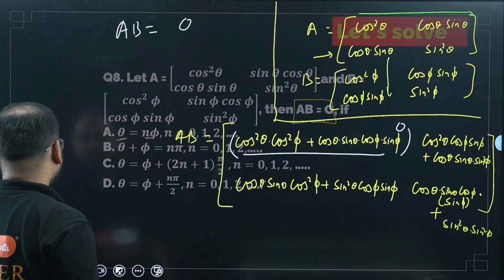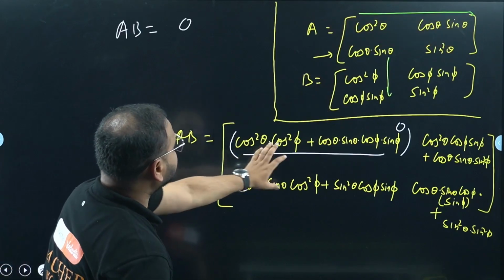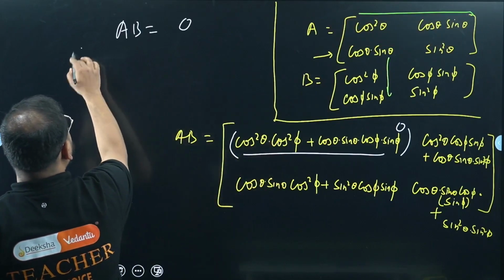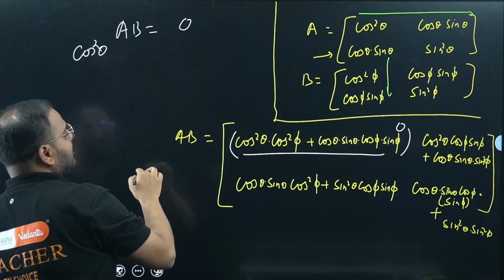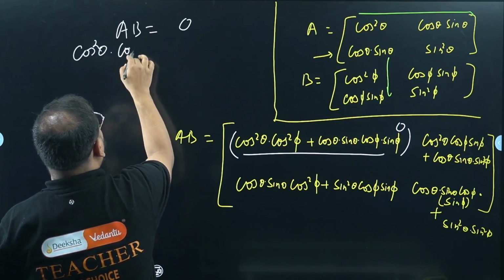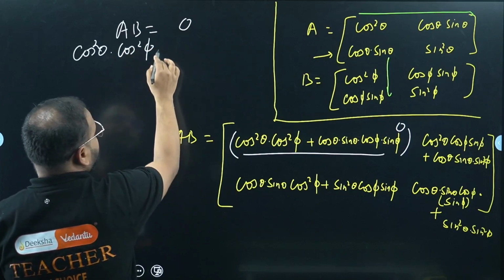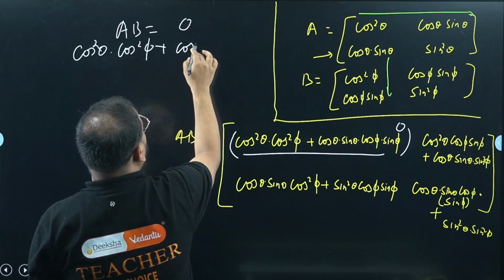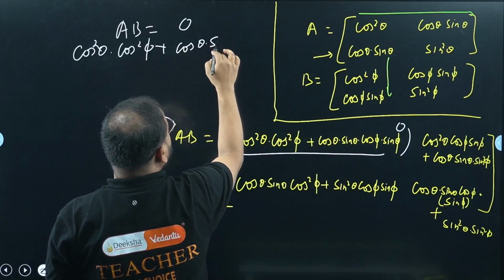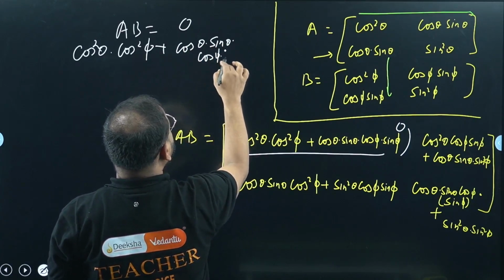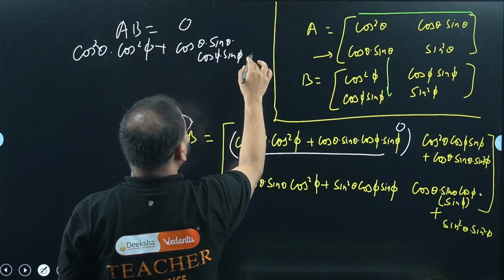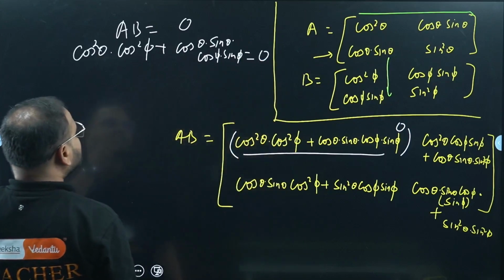Okay, sir. So write A and B. So basically what I'm trying to say is cos square theta times cos square phi plus cos theta times sin theta into cos phi times sin phi. This whole thing is equal to 0. Correct? Now something is common.